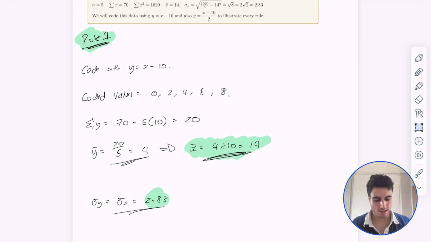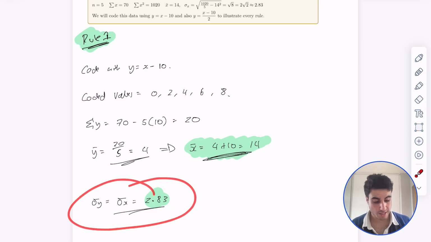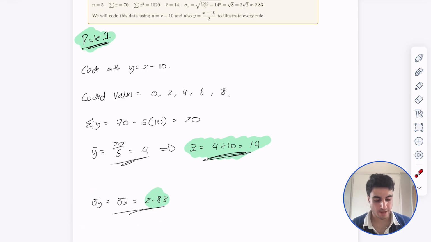So that's why standard deviation here is unchanged. Obviously our coded mean changes. So shifting doesn't touch the spread.